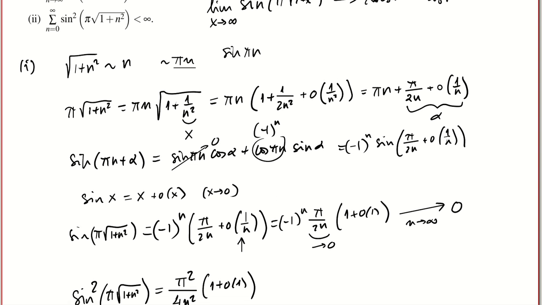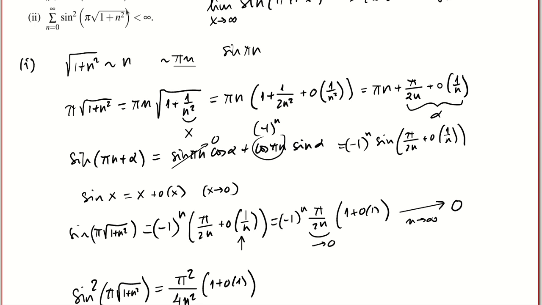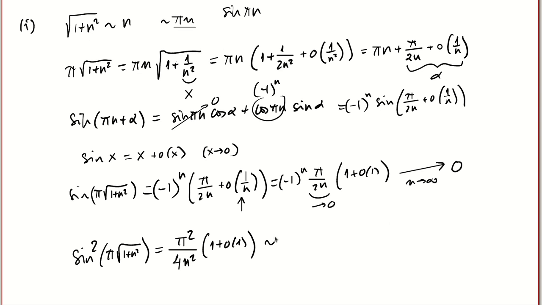This is the argument of the series here, and this is equivalent to pi squared over 4, which is a constant, times 1 over n squared. And the sum of 1 over n squared when n goes from 1 to infinity is convergent.